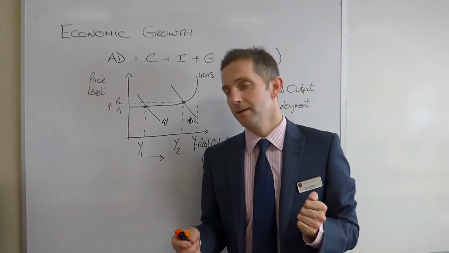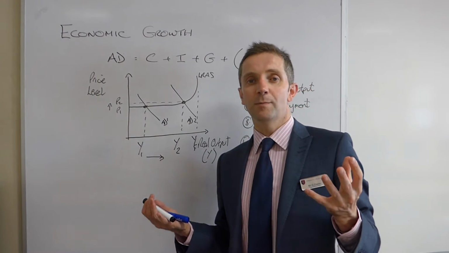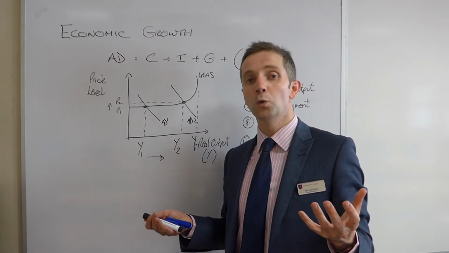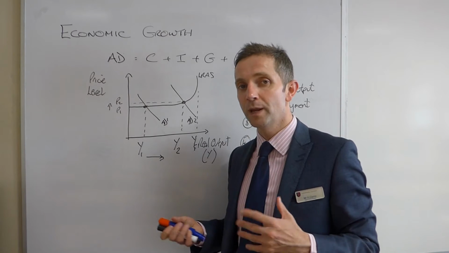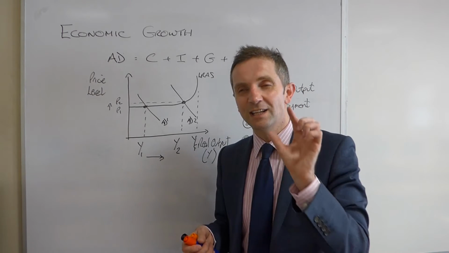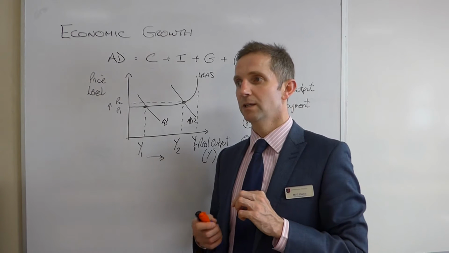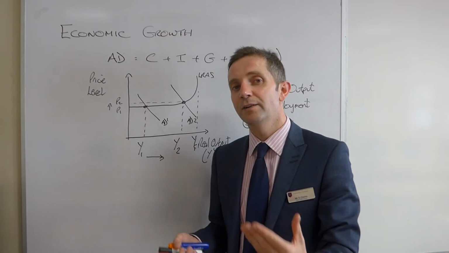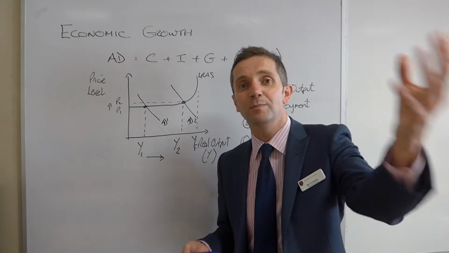Number two, if you increase the amount of goods and services that you are producing, generally speaking, you will have to employ more people, because there is what we refer to as a derived demand. In other words, the demand for labour comes from the demand for the goods and services which the labour is making.